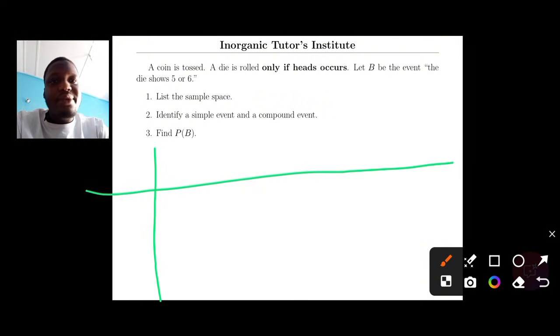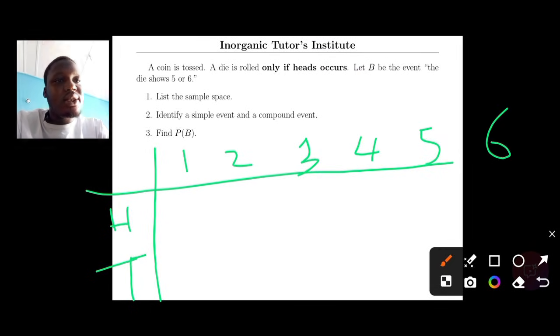So we have a coin which has the head and the tail, and we have the die, which is 1, 2, 3, 4, 5, 6. Now, some of the cells will be empty, and you will see that.